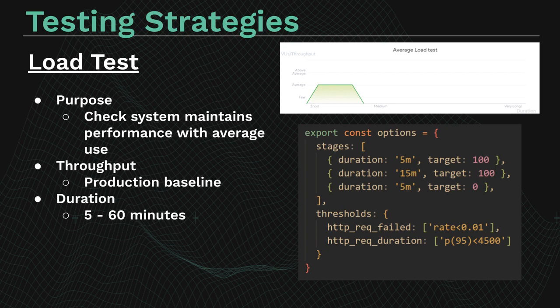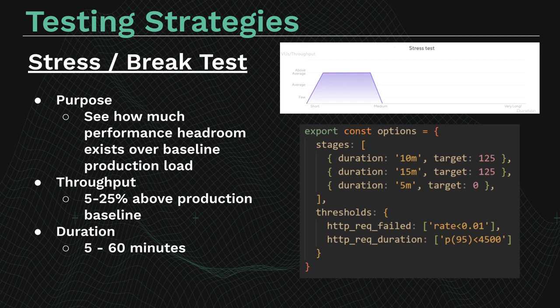And then we're going to bring it back down for 5 minutes and take a look at how our server performed. But this should be production baseline, maybe a touch over, just making sure your thresholds are meeting your SLAs and SLOs for error rate and latency.